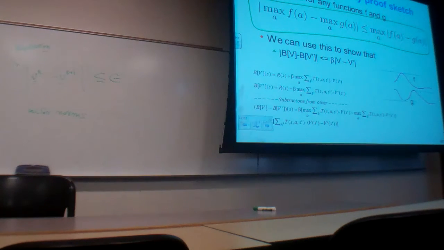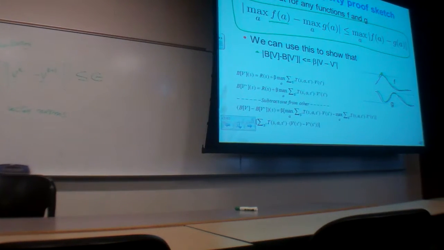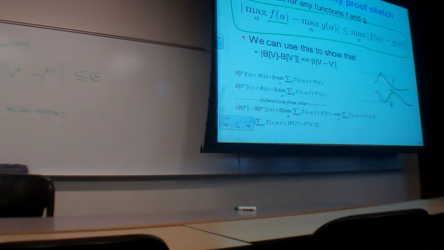If you have two functions, here is f and here is g. If you take the difference between the max value of f and the max value of g, the max value of f is here, the max value of g is here.